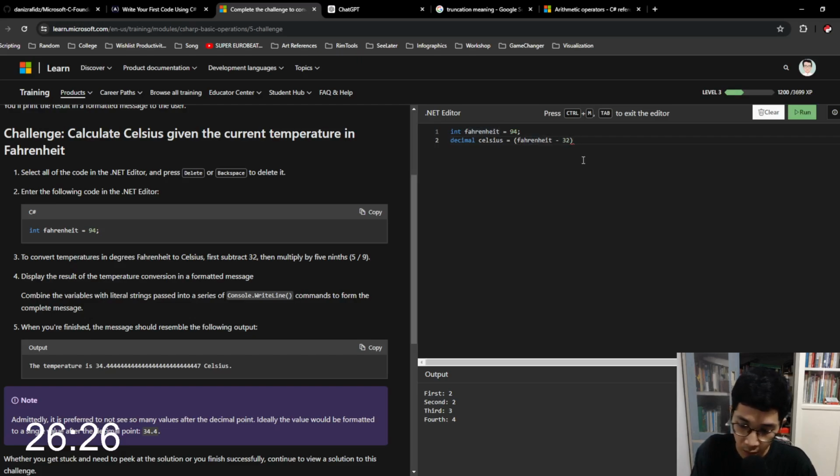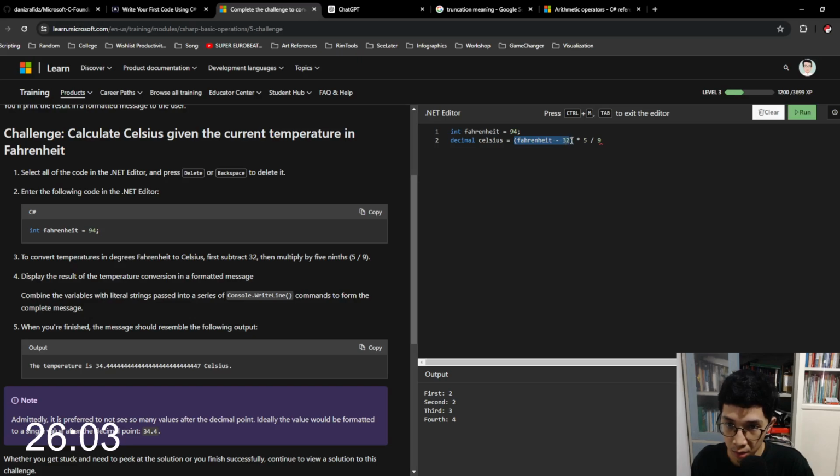I have to subtract first, but if I don't use the parentheses, it will prioritize the multiplication first. So 5 ninths, 5 per 9.